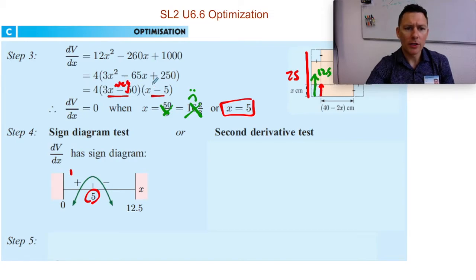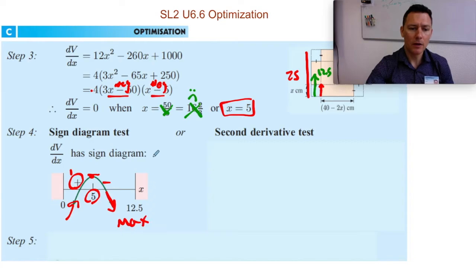You plug 1 in here, you get a negative answer there. Negative times negative gives you a positive on this side. You'd figure out that it's negative if you picked a number like 6. And so if the slope is going uphill on one side and downhill on the other side, that must be a maximum. So that sign diagram tells you that 5 is the max.